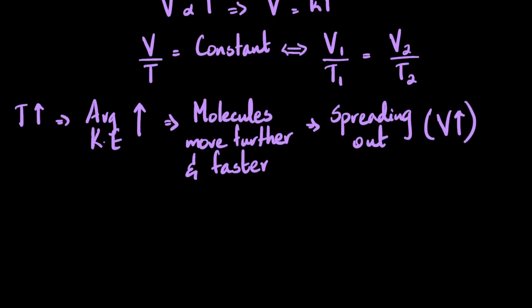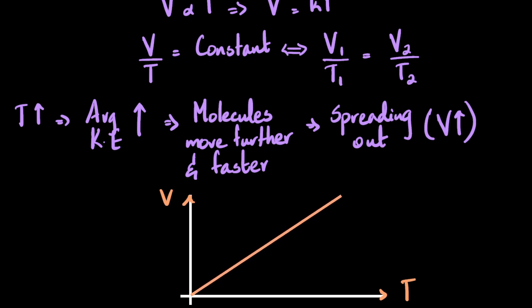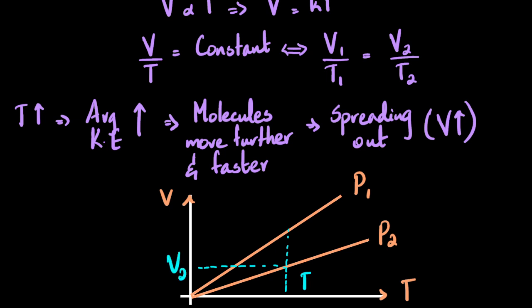Now the graph for this is this, which is that for some volume and some temperature, the relationship is direct proportion, so a straight line passing through the origin at some value, let's say P1 of the pressure of the gas, which is supposed to be a constant. Now if the pressure of the gas decreases, the graph is going to become like this at P2. So what this really means is that at the same value of temperature, the lower pressure gas P2 also has a lower volume than the one at a greater pressure.